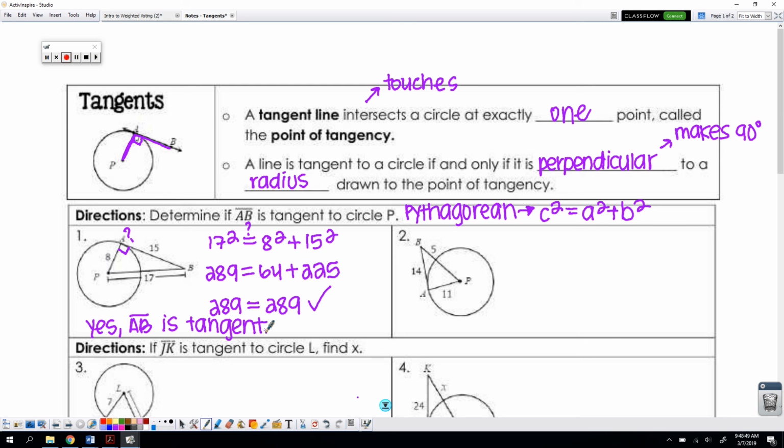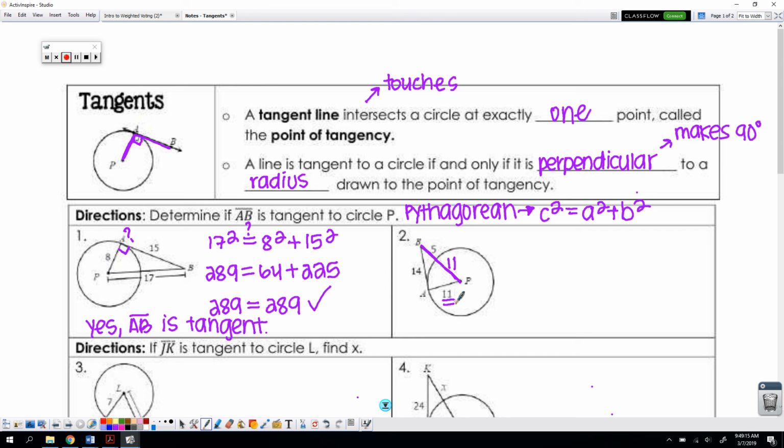Now for number 2, what we need to make sure we do is, do you notice that BP right here is made up of 2 parts, and we're only given one of them? We have 5 here, but I need to know how much is this piece here from P to the edge of the circle? Yeah, it's a radius, so it's 11, just like the other radius is right here.